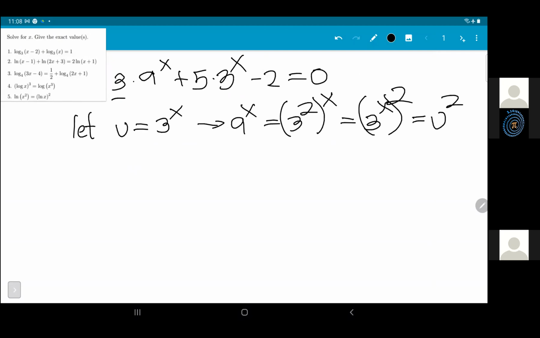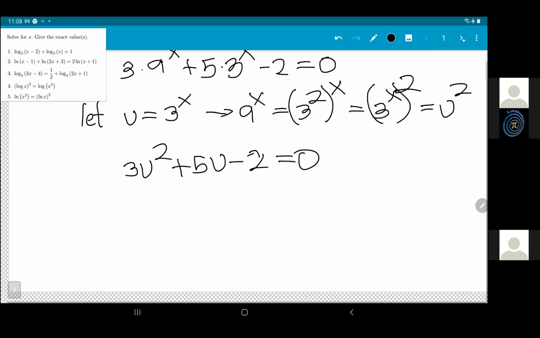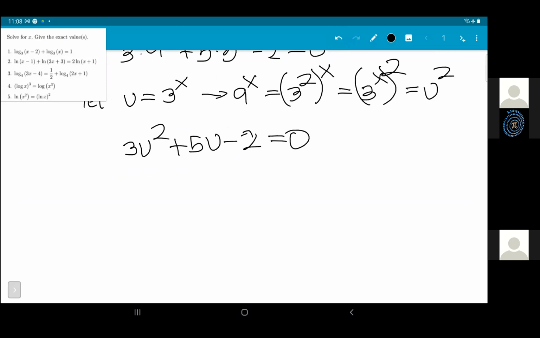If you rewrite this one in terms of the new variable, it's 3u squared plus 5u minus 2 equals 0. And then you factor this quadratic equation by trial and error, though there's a systematic way of doing it.